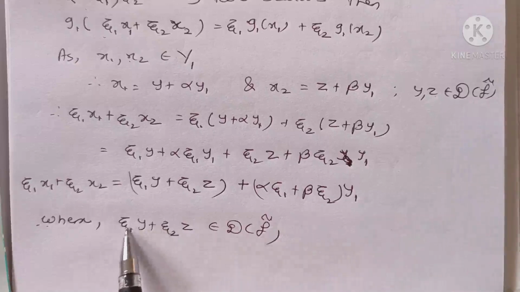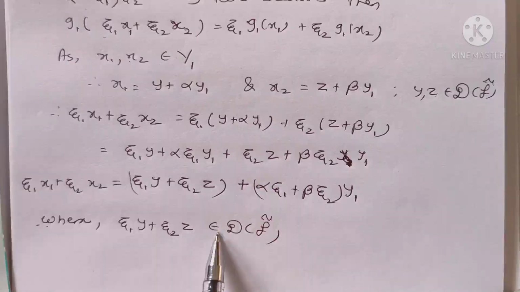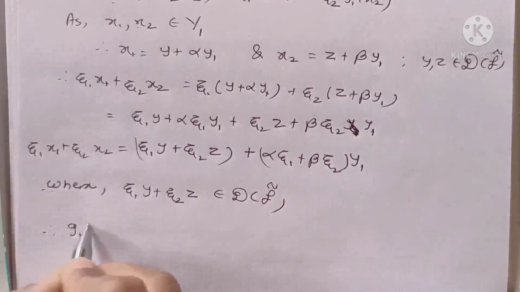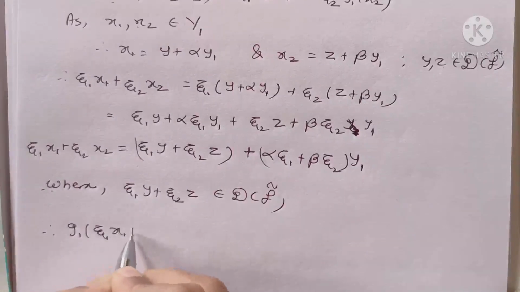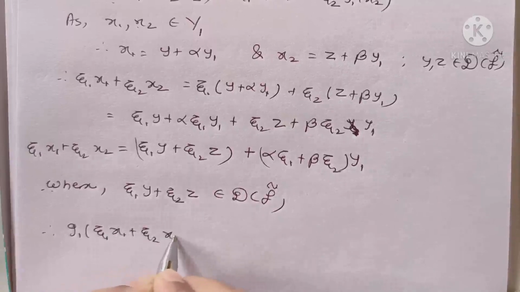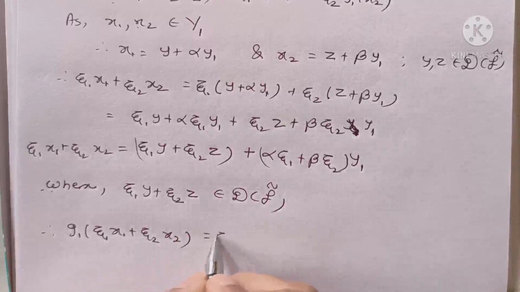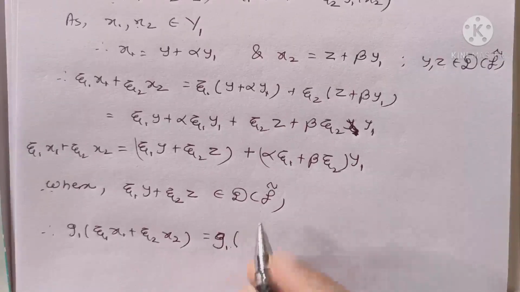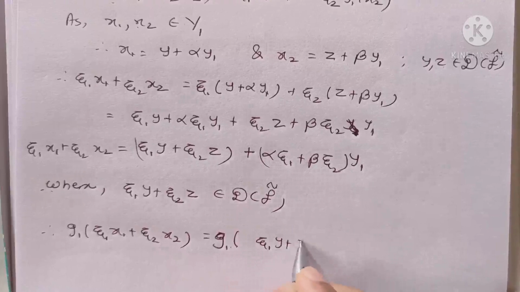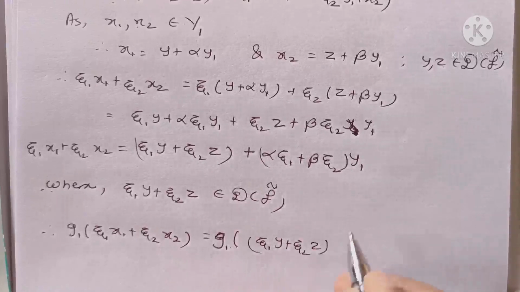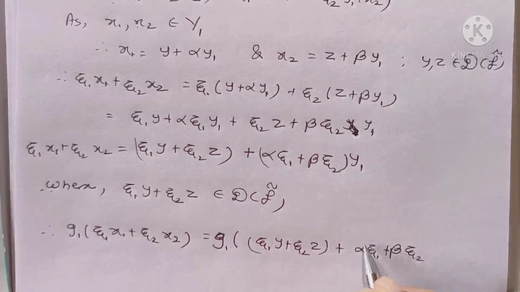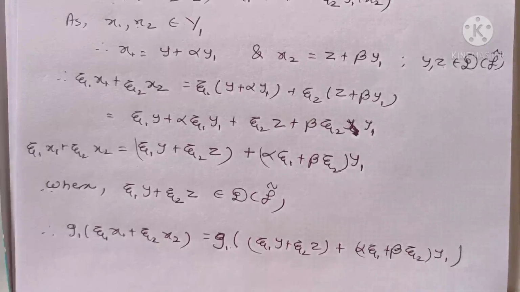Therefore g1 of xi1 x1 plus xi2 x2 equals g1 of (xi1 y plus xi2 z) plus (alpha xi1 plus beta xi2) into y1.